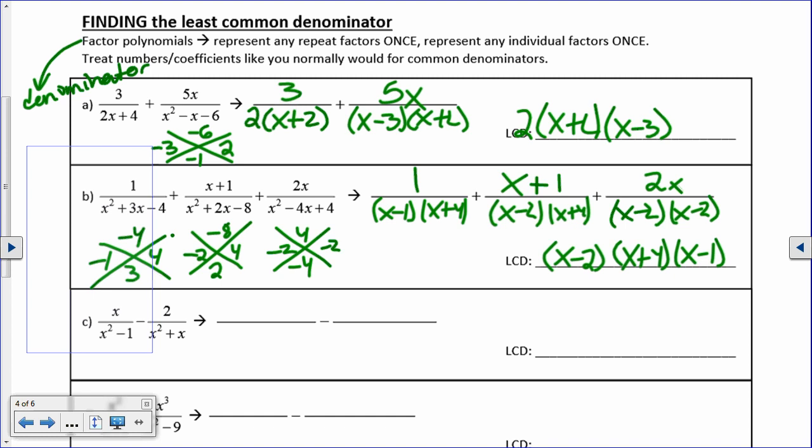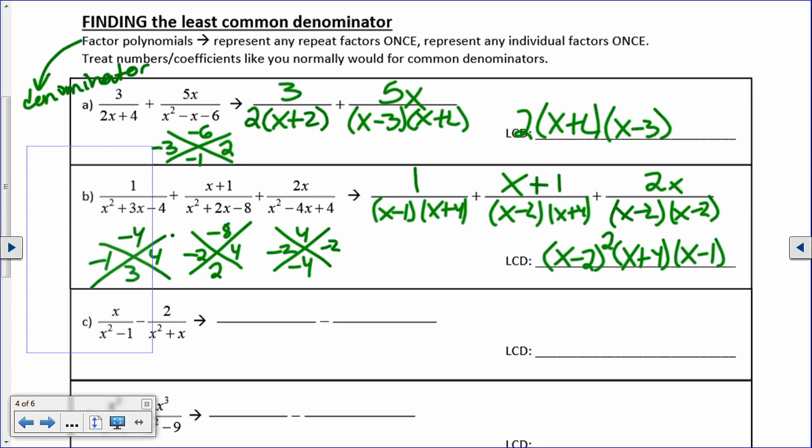Now this one is a special case because you actually have to write this. But you have to have x minus 2 squared. Is it because it's present in 2 equations? It's because there are 3 of them total. Remember how I said in the directions it says represent any repeat factors once? So x minus 2, if you wrote it just once, would mean that you had a pair of them. But you only have 3 of them.